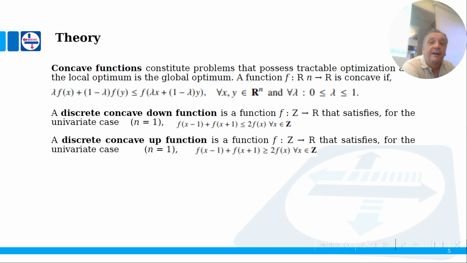A function f is concave if the first equation that we can see on this slide is satisfied, and a discrete concave function for the univariate case is one that satisfies f(x-1) + f(x+1) is less than or equal to 2f(x). And the discrete concave up function is the opposite: it is greater than or equal to 2f(x).